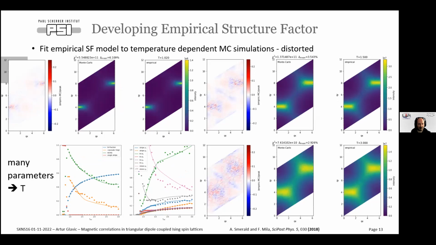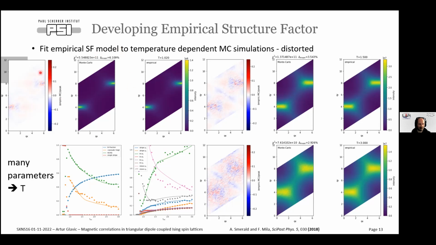The same was done for the distorted lattice, which is a bit more complicated to describe because the distortion also distorts the shape of the peaks in the unit cell. But even there, we get relatively good agreement, still below 4% deviation.